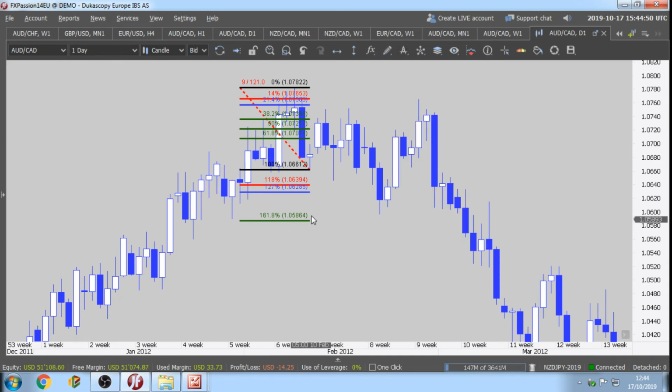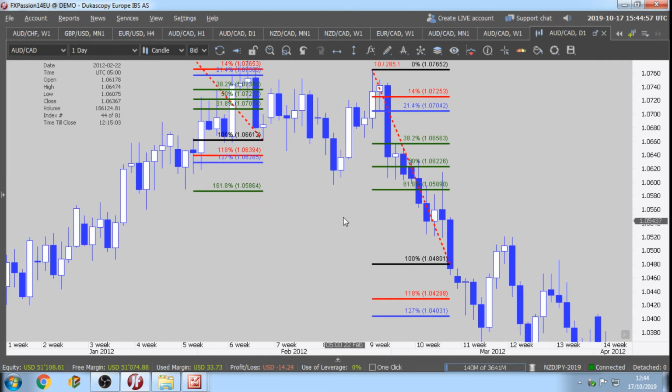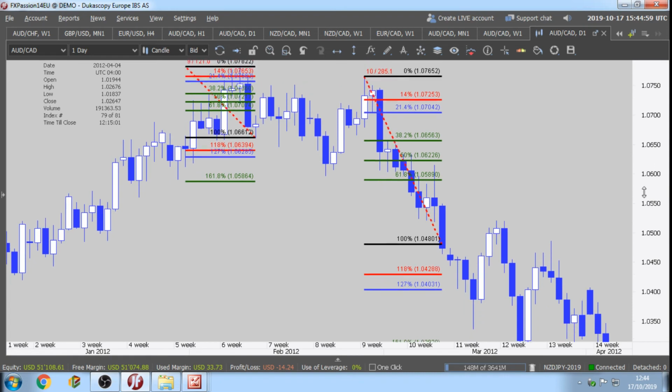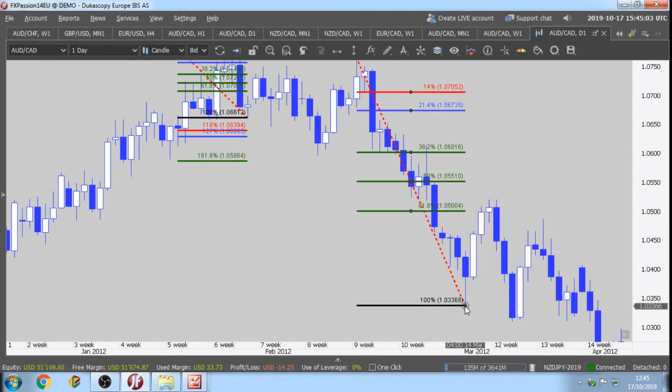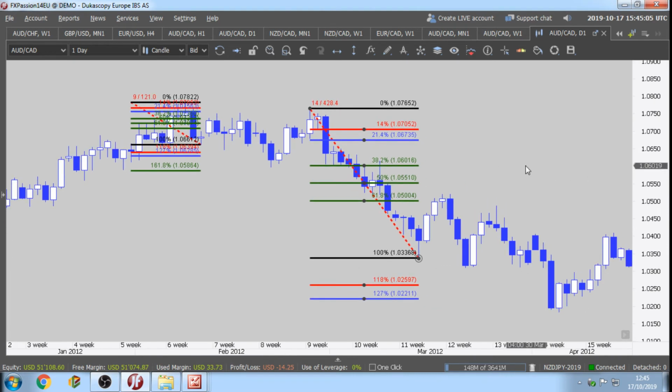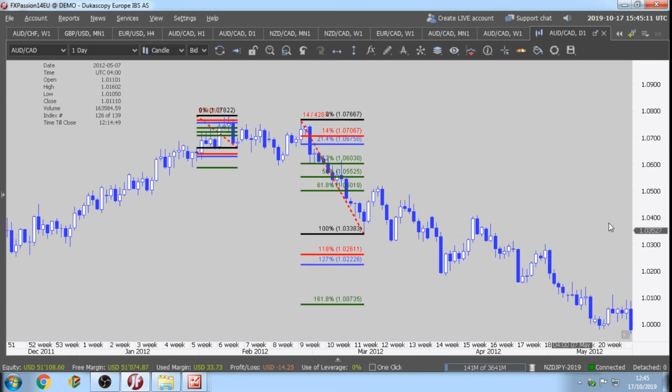So the next sequence is going to be, this is the blue one. Where is the blue? So the next is going to be down here. So the first Fibonacci swing, the second Fibonacci swing, right?